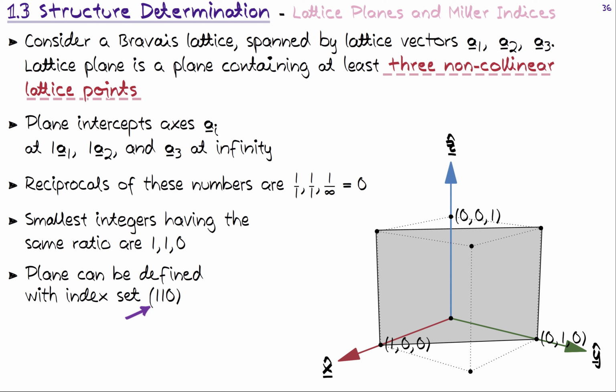Sometimes we need a way to describe many planes that are parallel to this, and then we could use a notation where instead of an ordinary parenthesis, we would have square brackets here. That notation, if I remember correctly, corresponds to a family of all the planes that are parallel to this single plane.